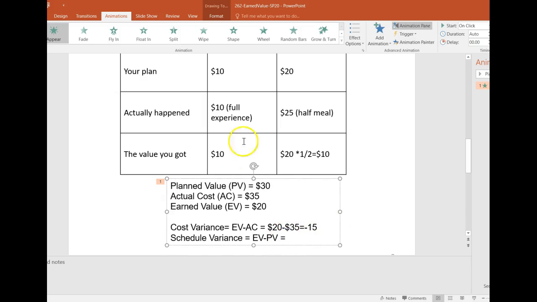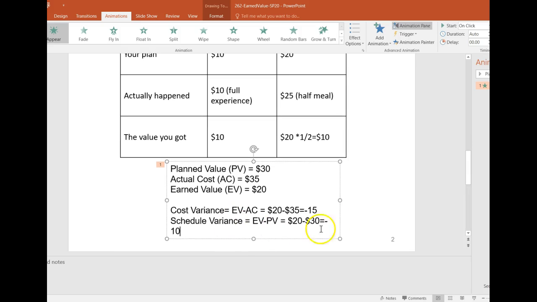And then for schedule variance, we look at what you have achieved versus what you had planned to achieve. So that's going to be the difference between 20, the value you got, and 30, because you were supposed to get $30 of value done during that event.